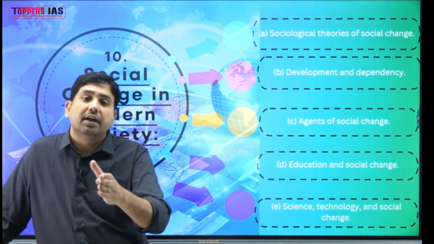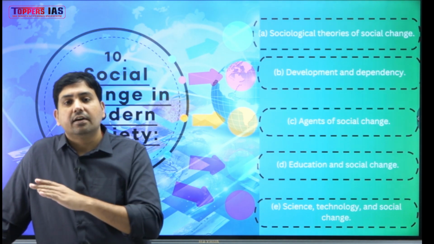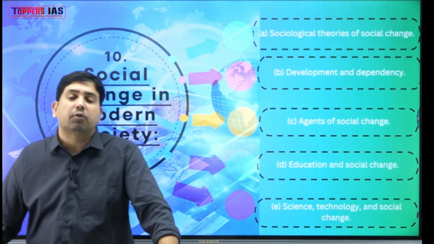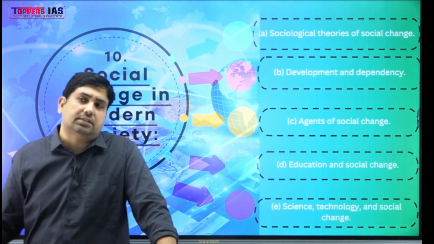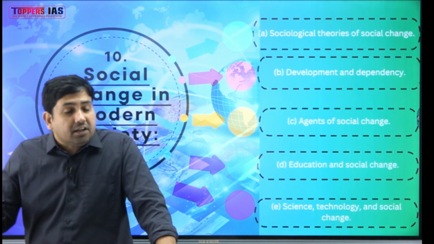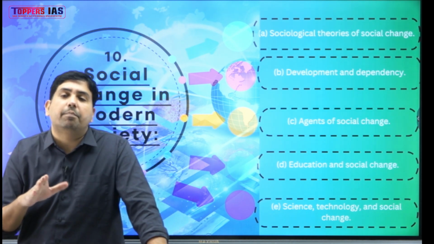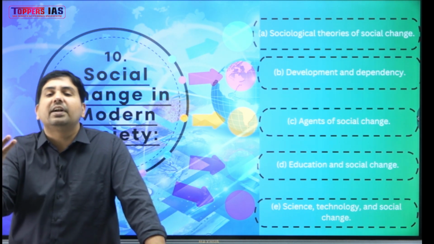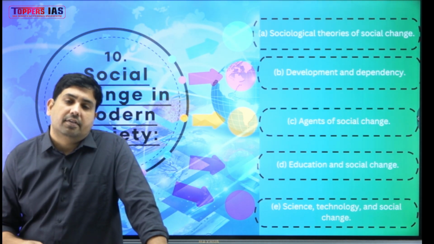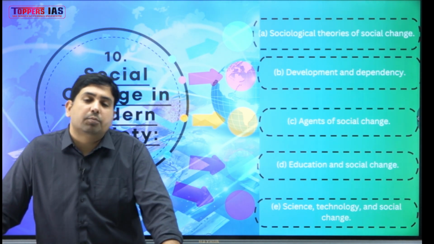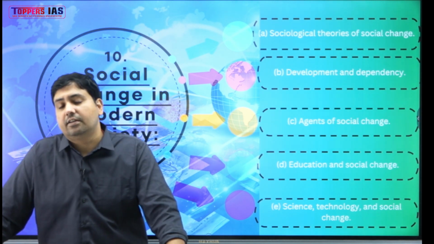Colonialism, for example, created a system where resources went from poor countries to rich countries, from colonies to colonizers. And even after independence, this unequal relationship persists through global trade and the global financial system, because we are living in a globalized world.